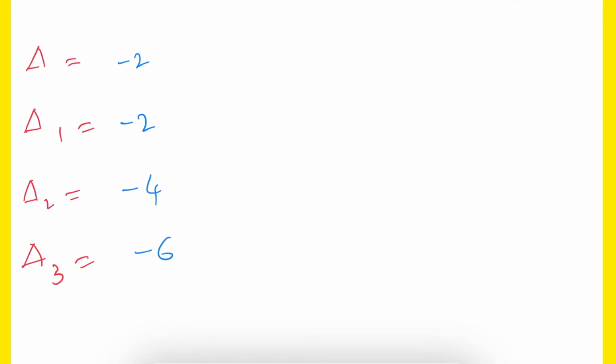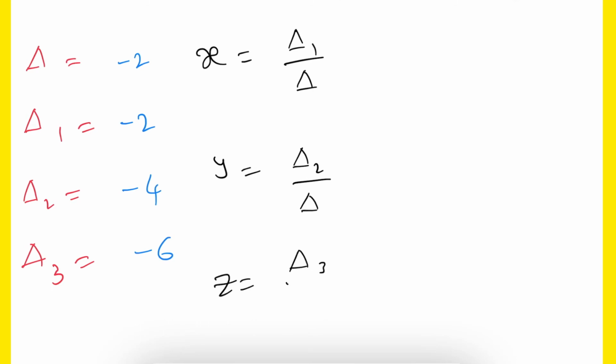Now we need to find out the x, y, z values. So x value is nothing but delta 1 by delta, y value is nothing but delta 2 by delta, and z value is nothing but delta 3 by delta. Okay, let us substitute those values. Delta 1 minus 2 by delta minus 2, delta 2 minus 4 by delta minus 2, delta 3 minus 6 by delta minus 2.